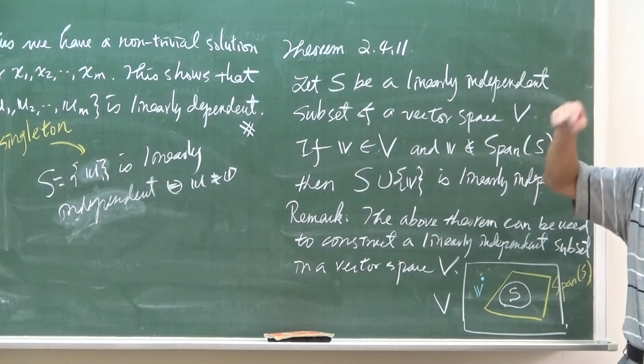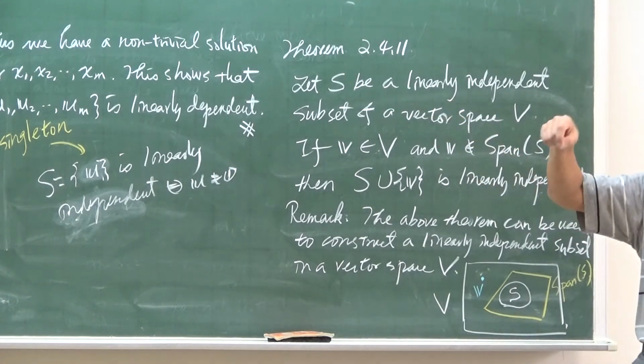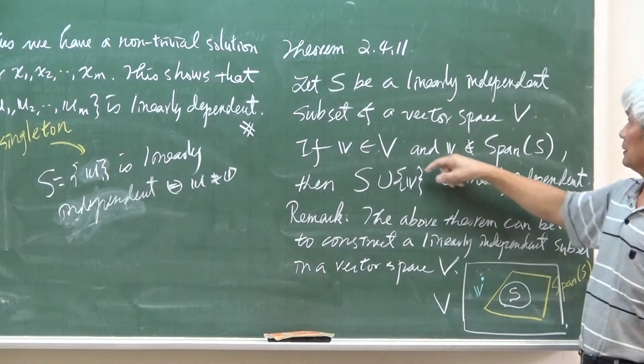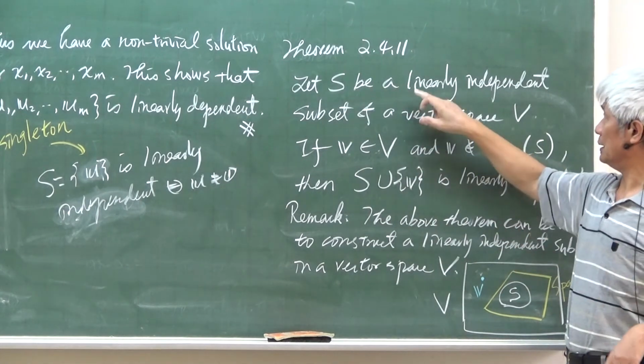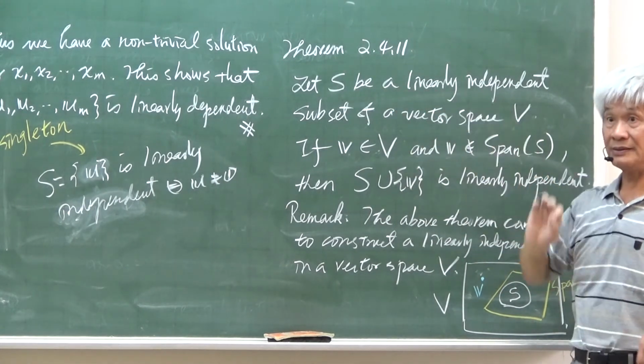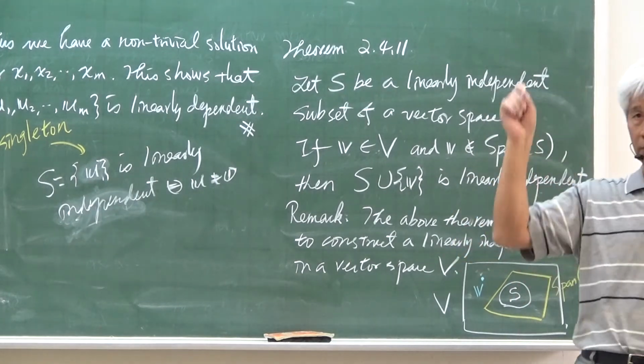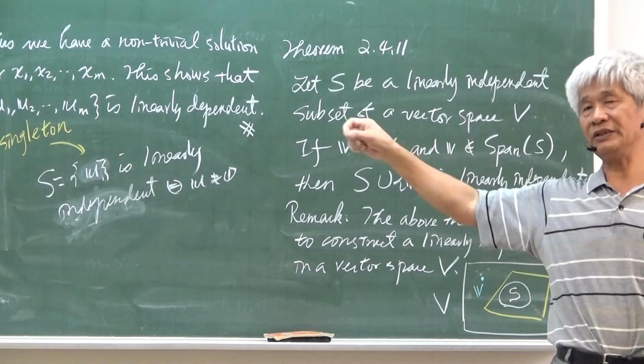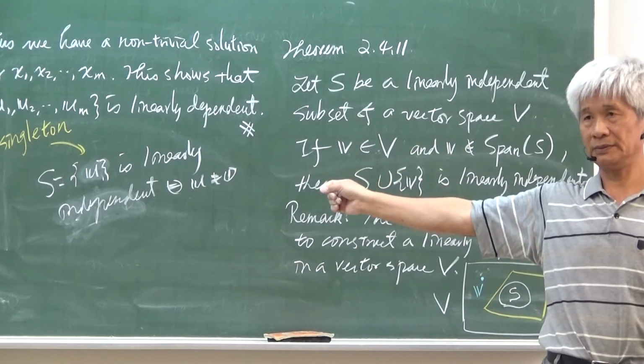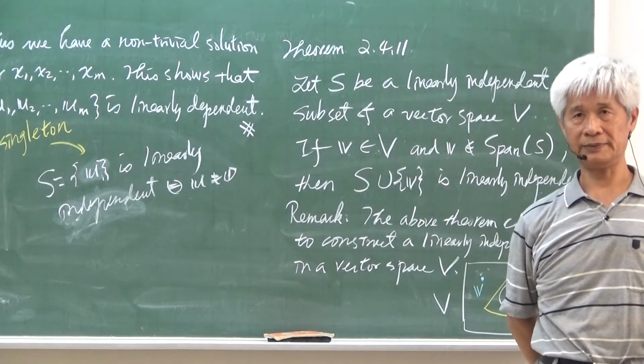Otherwise, you can continue the process. In some cases, you can construct an infinite linearly independent set, because you can add vectors one by one indefinitely. It's possible.